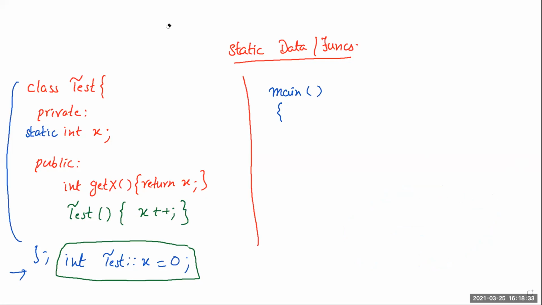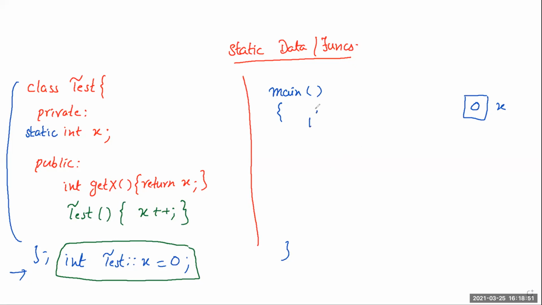Let's keep the class till there. Now you see we have an x which is shared. It is not linked with any object and it is initialized with 0 before any object is created.